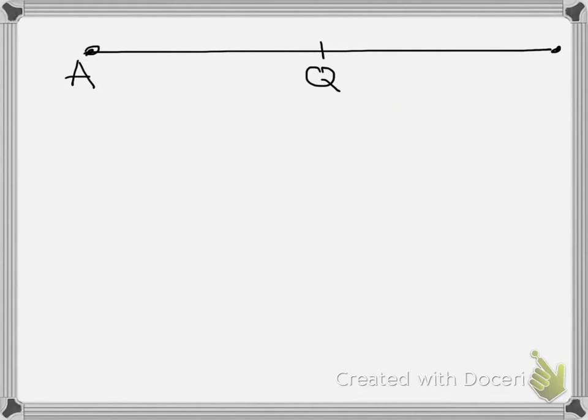I'm going to blow it up here. So we're in the first half of that segment. We have A, we have Q1, and we have M here. Okay? And we know this is x1, y1, and we know this is x1 plus x2 divided by 2.